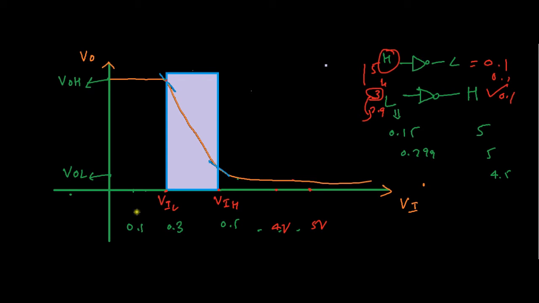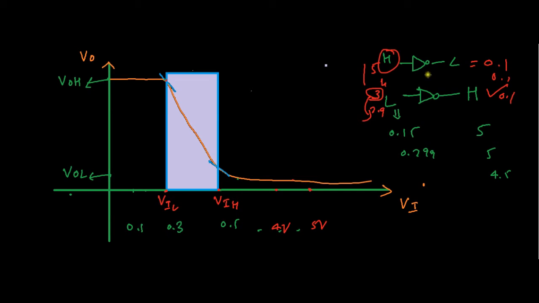So comparing this, we need to figure out the condition. I think people didn't get what is VIH, so let me repeat it again. VIH is the minimum acceptable high level input voltage.